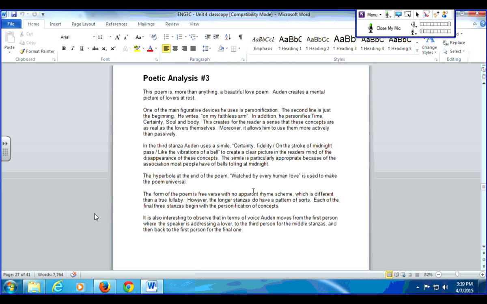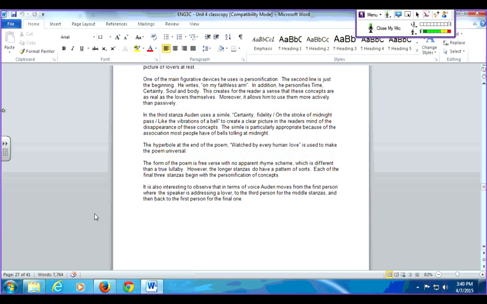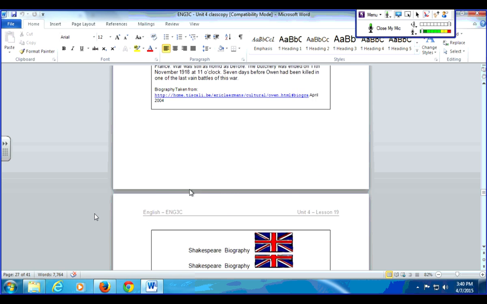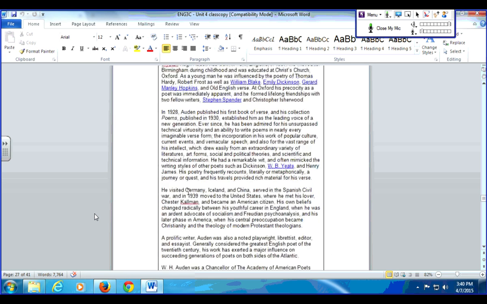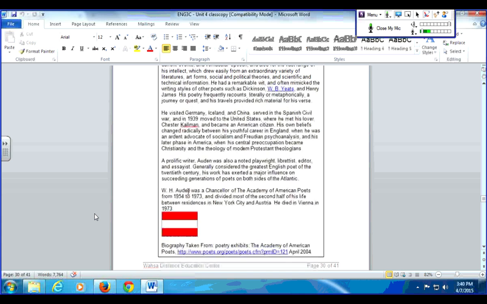So with that in mind, we're going to take a quick look at his biography and what we know about him. You can find that on page 30 of your unit. This is a lot longer.